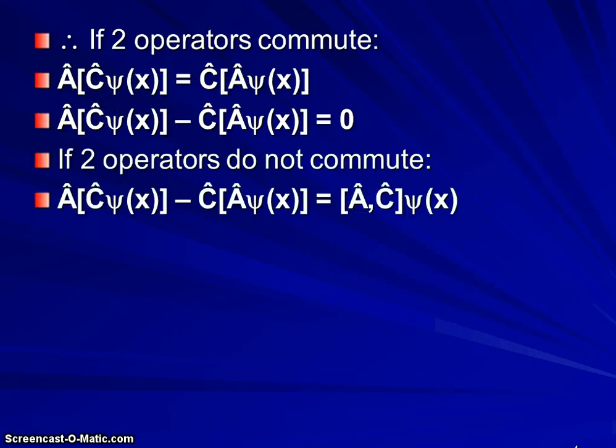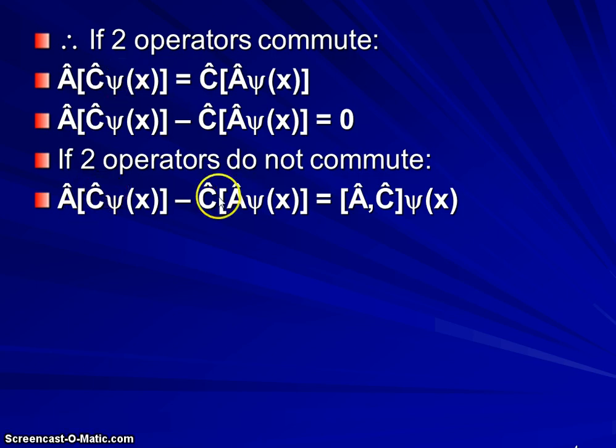If the operators don't commute though, if measuring C first and then A gives different values than measuring A first and then C, it's because A changes the system. The system is not an eigenfunction of A but becomes an eigenfunction of A when it is measured with A, as we discussed earlier during the postulates. Remember that a non-eigenfunction can be expressed as the sum of eigenfunctions, and when we measure with A, it changes the system to one of those eigenfunctions.